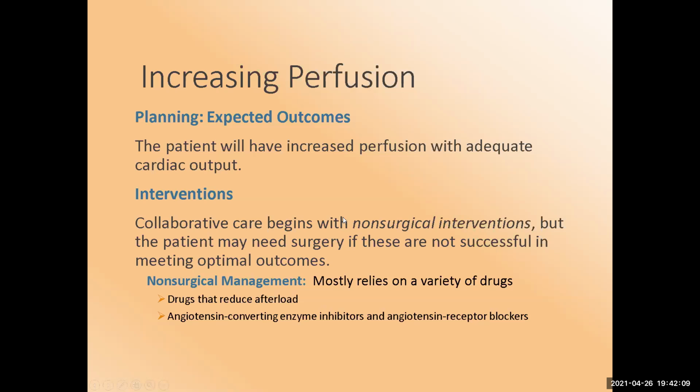For planning to increase his perfusion, our outcome is that we want the patient to have increased perfusion with adequate cardiac output. These are going to be collaborative interventions, right?